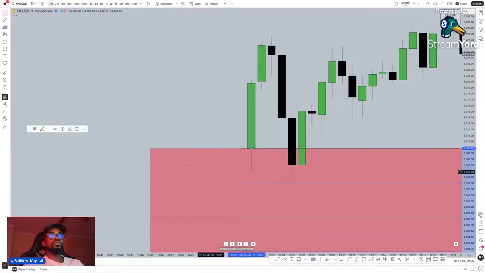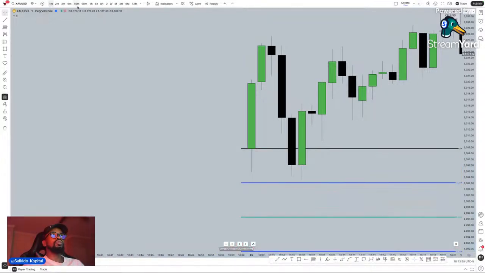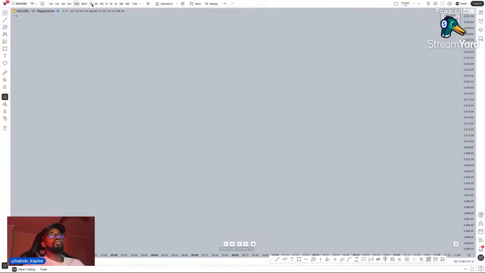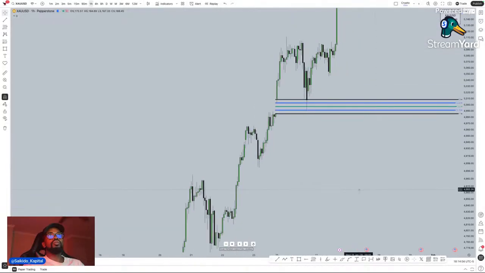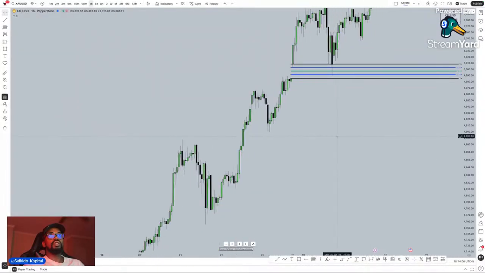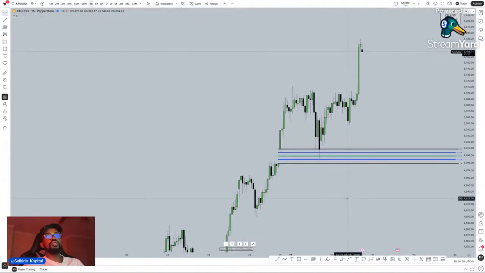Now I'm going to make it thicker, and then we're going to go back to the hourly chart. So this is what you have. Looking at how the market has been moving, we are pretty much at all-time high, so the market is very much bullish.